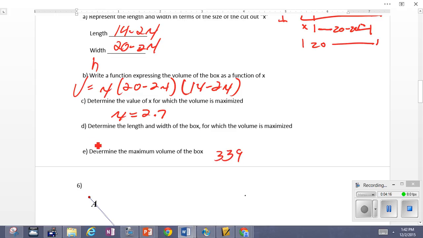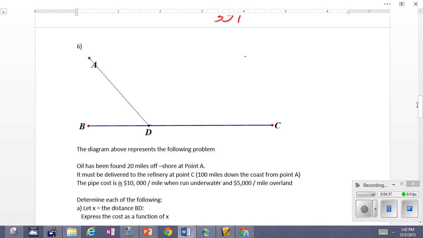The length is 14 minus twice 2.7, so 14 minus 5.4. I don't even care if you leave it at that. Width is 20 minus, again, 5.4. Okay, that's done.